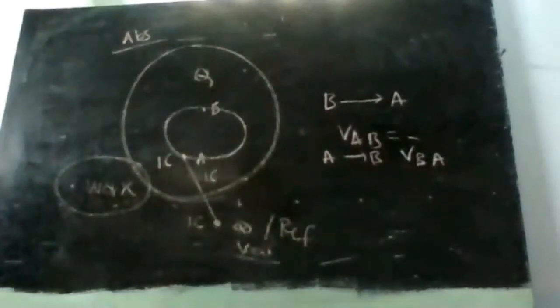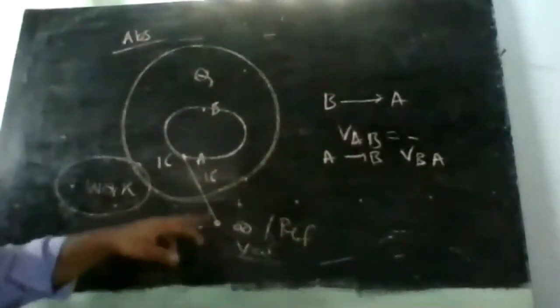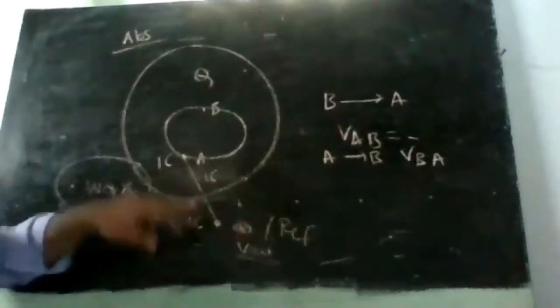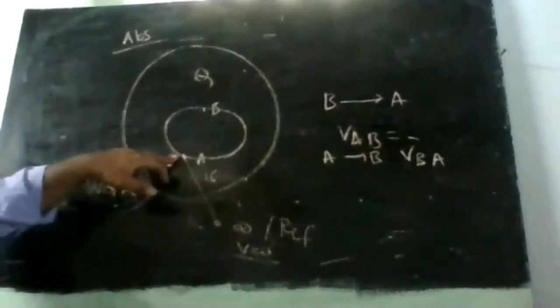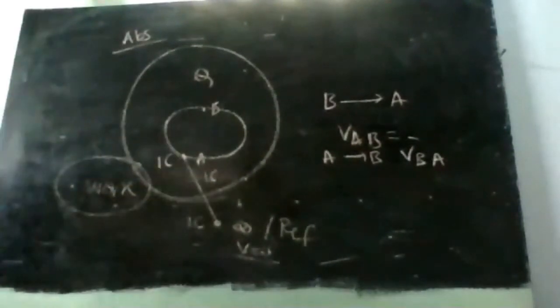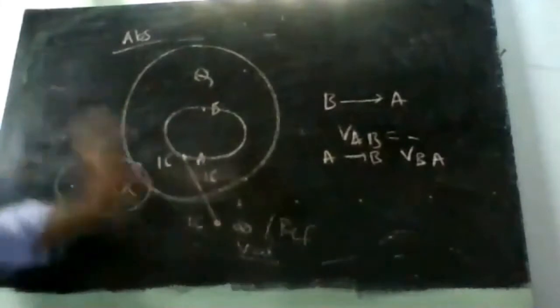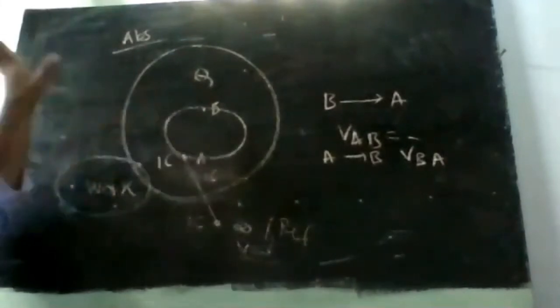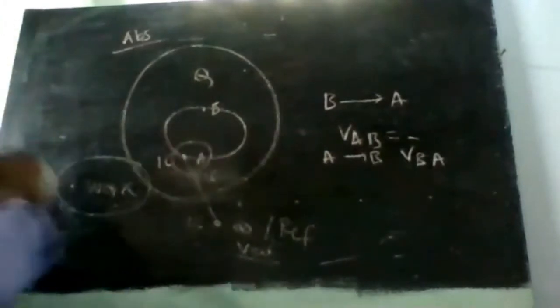So moving a charge from infinity or from a reference to a particular point is called the absolute potential at the point A. That is, the amount of work done in moving a unit test charge from infinity to that particular point A is called the absolute potential of the point A.